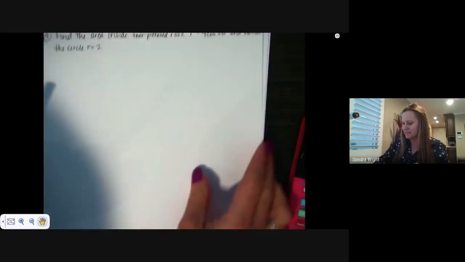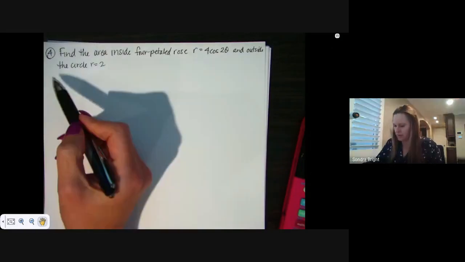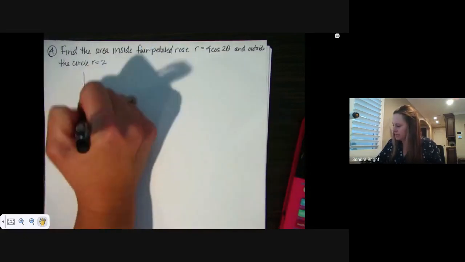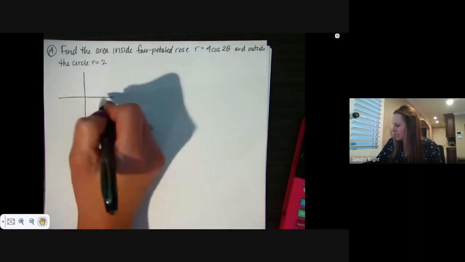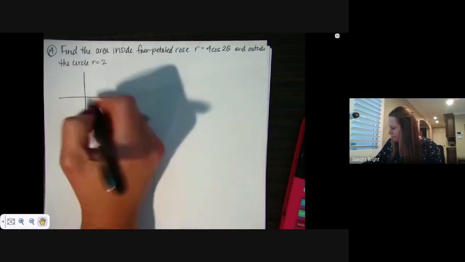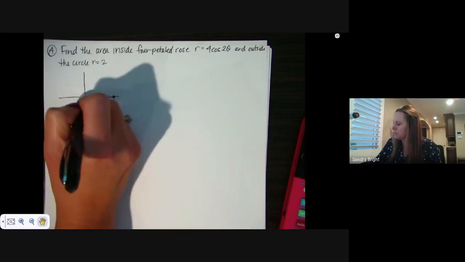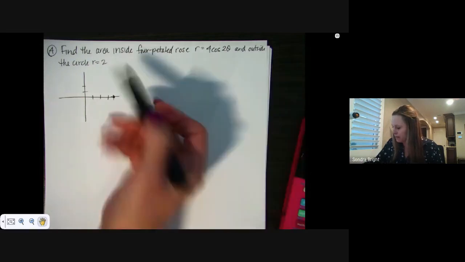Is this one. We want the area inside the 4 petaled rose and outside the circle. All right, so what does this look like? It's a cosine, so I've got a petal on the positive x-axis going out 4 units. And going up, they would be 2 pi divided by their 4 petals, so 2 pi divided by 4 gives you pi over 2 apart.